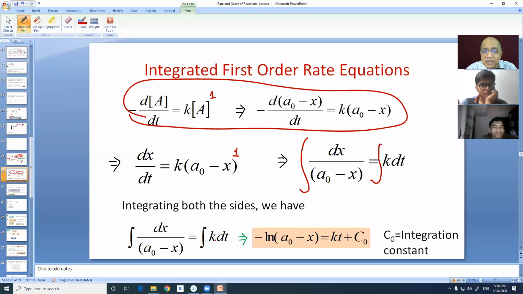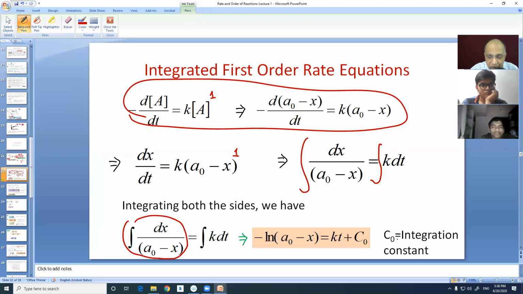That's it. And since there is a minus sign, the minus sign comes. So the value of this is minus ln (a0 minus x) is equal to K, a constant, which will come outside, and integration and d will kill each other. So only t will remain, plus the integration constant C0.